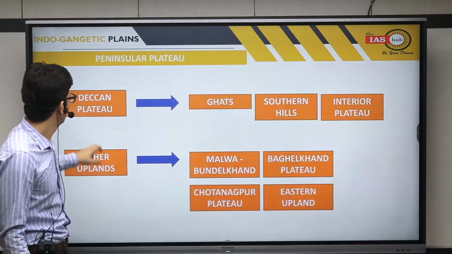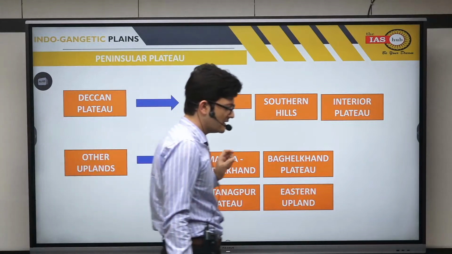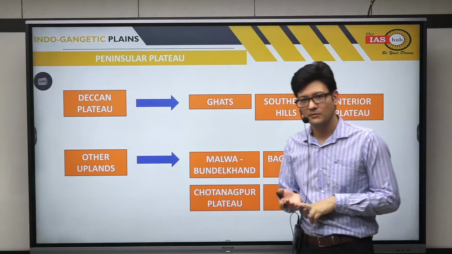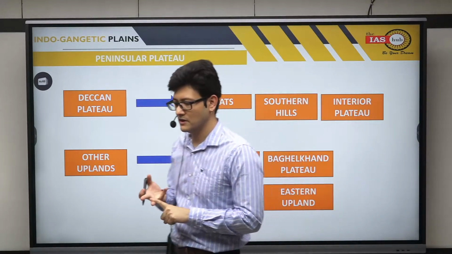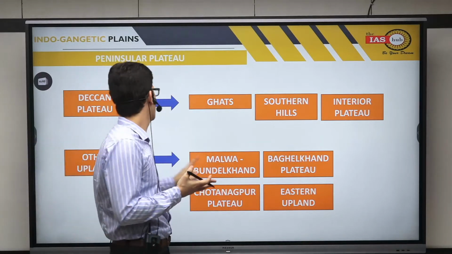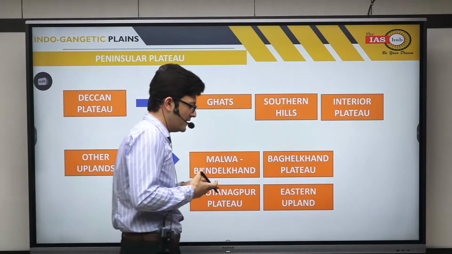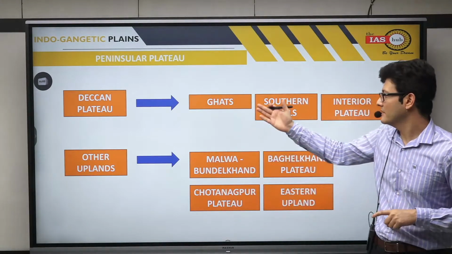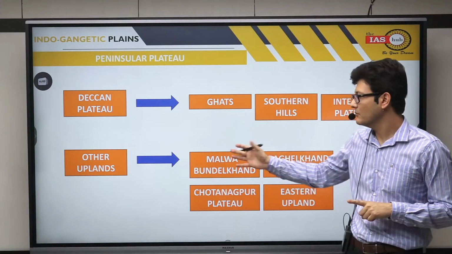Now moving on to the Peninsular Plateau part, we have discussed Aravallis, Vindhyas, and Satpuras. These are the main 3 ranges which form the part of the central tableland. Now moving on to the Peninsular Plateau, we can divide it majorly into 2 chunks, which are the Deccan Plateau, and the second one would be other uplands.